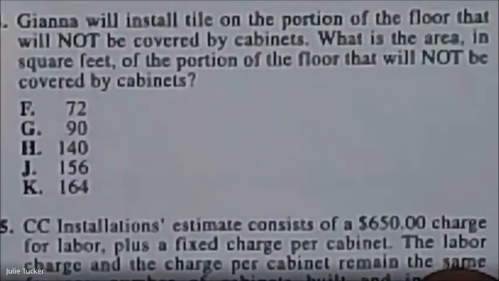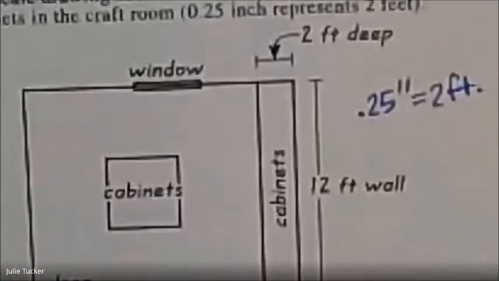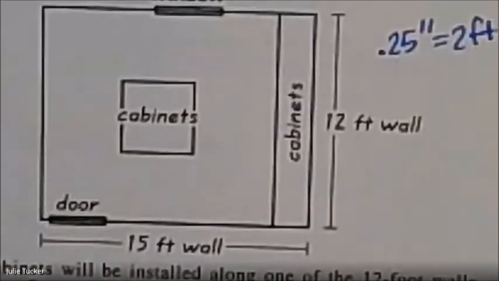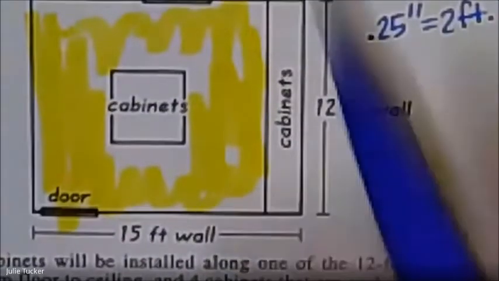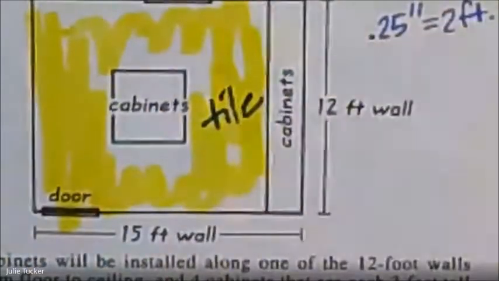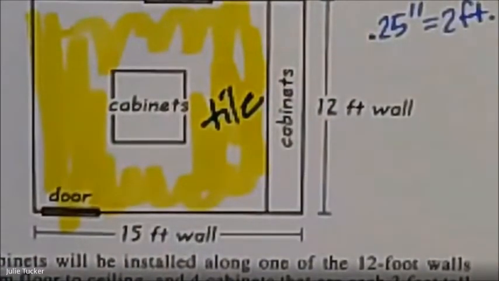So let's go back to the drawing. All of the parts that don't have cabinets are getting tile. So all of this, that's all getting tile. And they want to know what's the area in square feet.